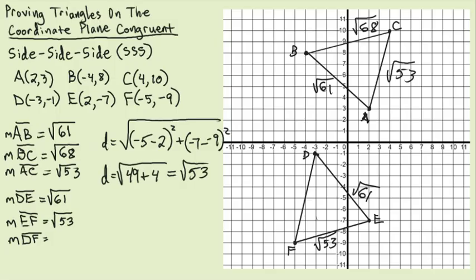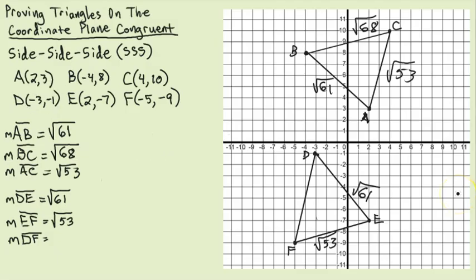Now let's see if DF here is the square root of 68. So -3, -1, and -5, -9. So the distance is going to be the square root of, my x's are -3 minus -5. So that's the same thing as +5, plus, and then my y's are -1 and -9. And I'll do -1 minus -9 squared. Remember, minus -9 means +9.